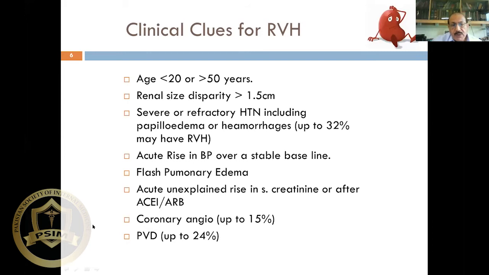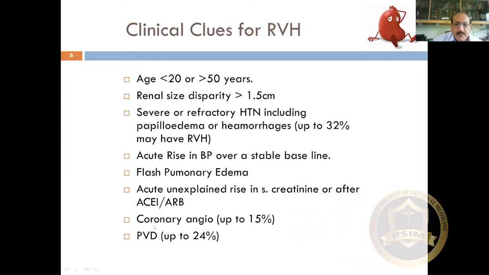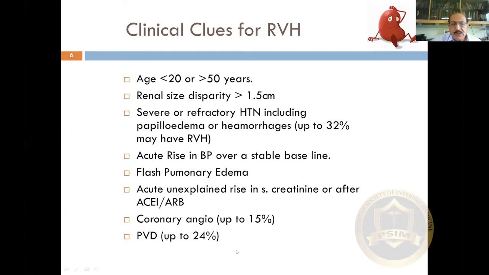Or if you are doing a coronary angio, and you just happen to put some dye in the kidney as well, it has been seen that up to 15% of routine coronary angios, when you look at the renal arteries, may have renal artery stenosis as well. Or if a patient has peripheral vascular disease, for example the dorsalis pedis artery is not palpable, there is a chance that this patient also has renovascular hypertension.